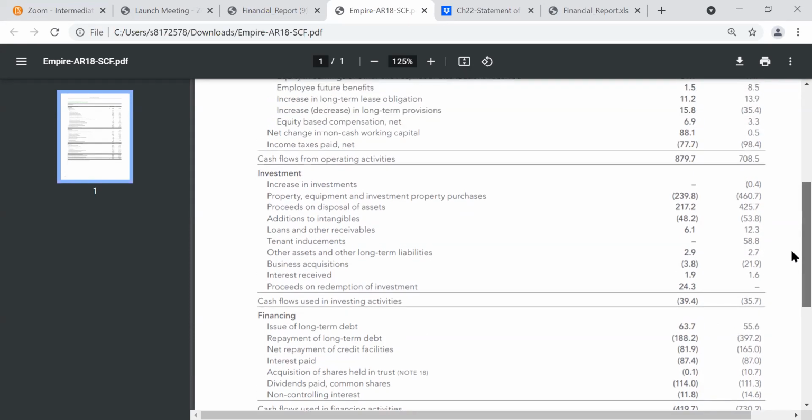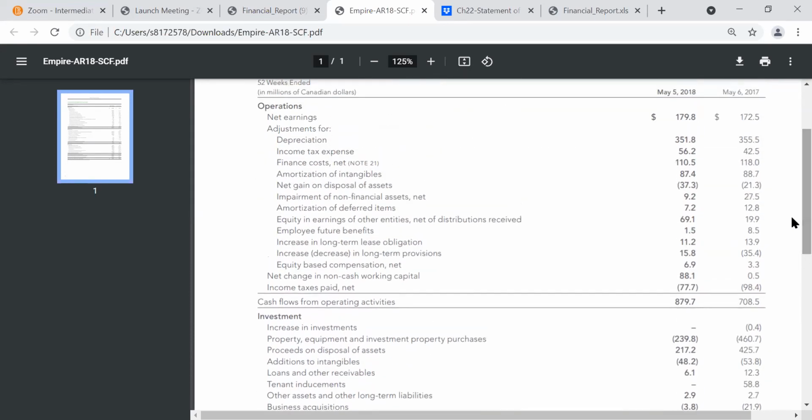Now that we have a close look, you see both in 2017 and 2018, Empire is profitable and has a net profit. However, this net profit is less than $200 million. It's a lot less than their cash generated from operating activity because they have a huge amount of depreciation and amortization here as well.